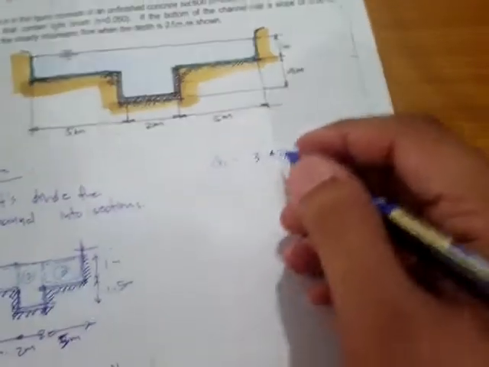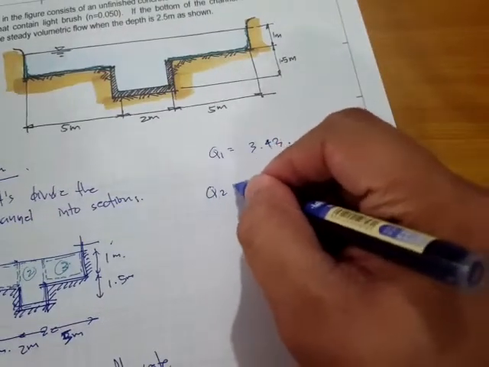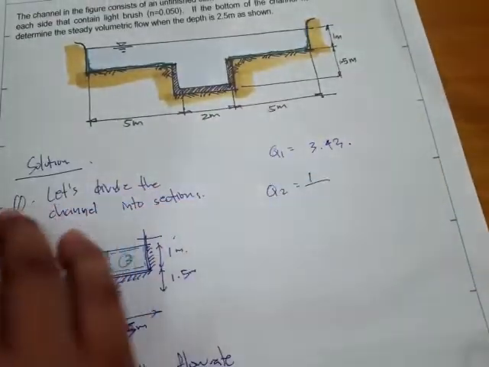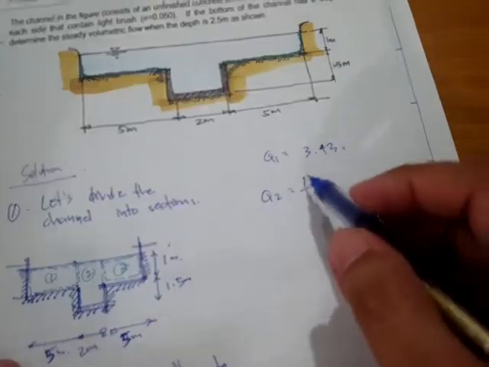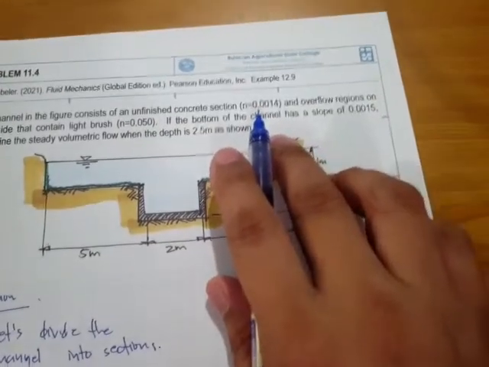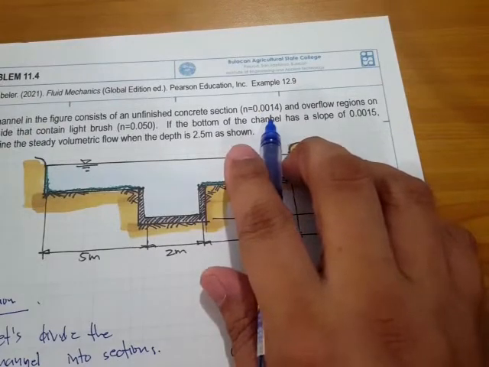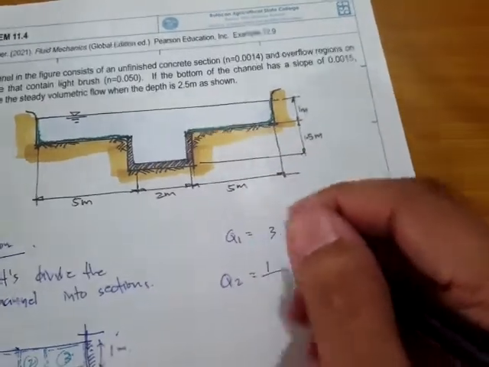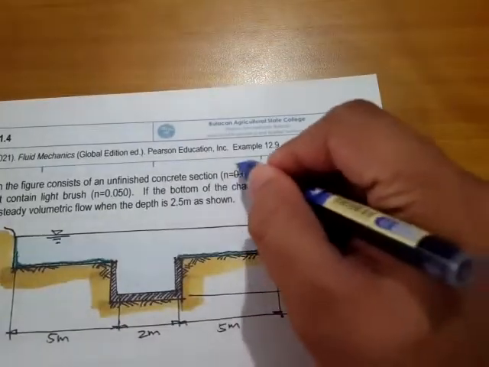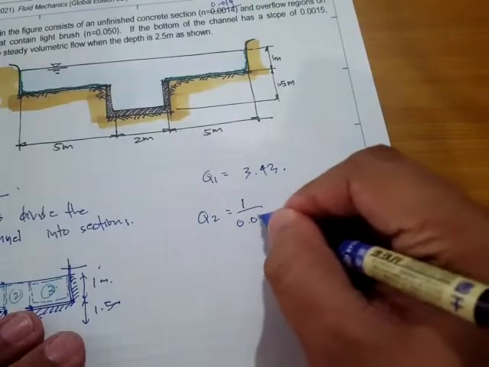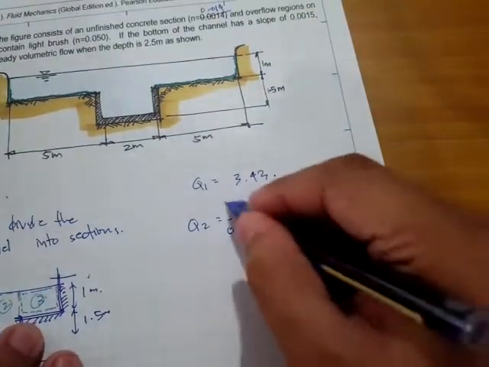Okay, next for Q sub 2, this is again 1 over n, and for Q sub 2 our n is 0.014. This is 0.014 times the area.